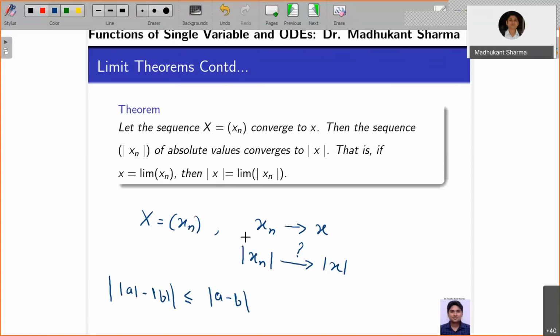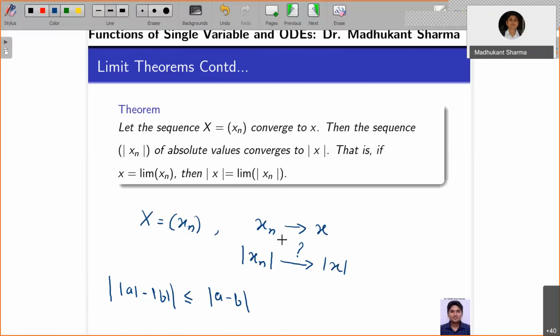That detail I'm not going to give, but what is important is that if the sequence converges, then replacing xn by absolute values also converges to mod x, the absolute value of the limit.